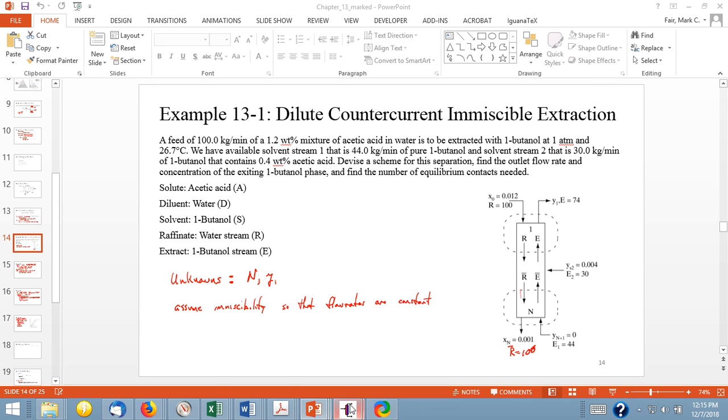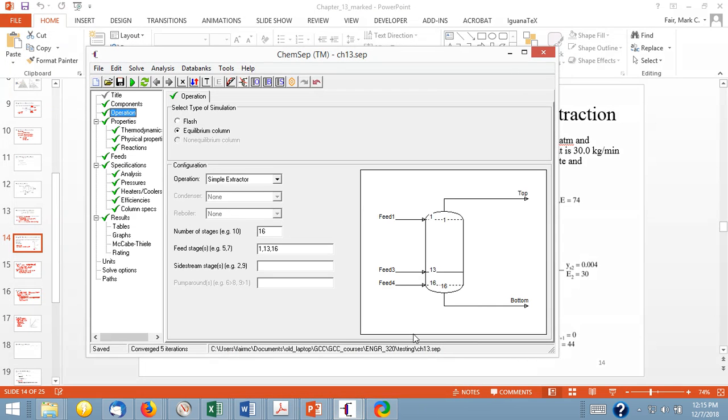So that means that when we set up our simple extractor, when you first come into it, it's going to show 2 feeds. In our case, we're going to have a 3rd feed because we have 2 places where we're putting in the butanol. We had done some calculations with this previously.